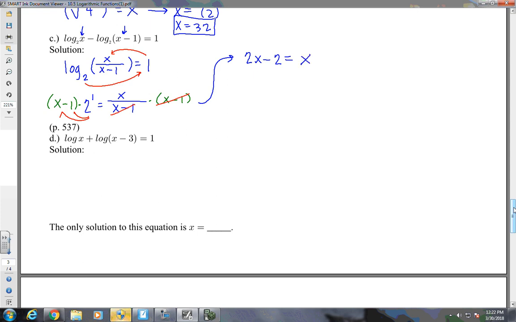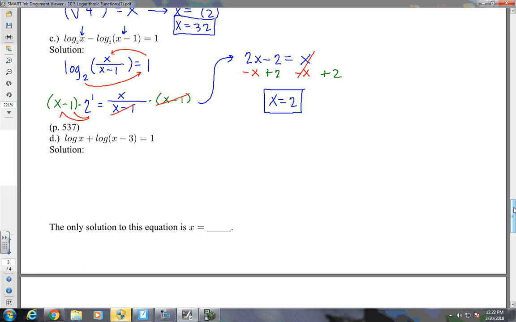This is a simple linear equation. We can solve this by subtracting x from both sides to combine our x's, and we can move that constant to the other side by adding 2 to both sides. So we end up with x equals 2. So the solution to our equation is x equals 2.